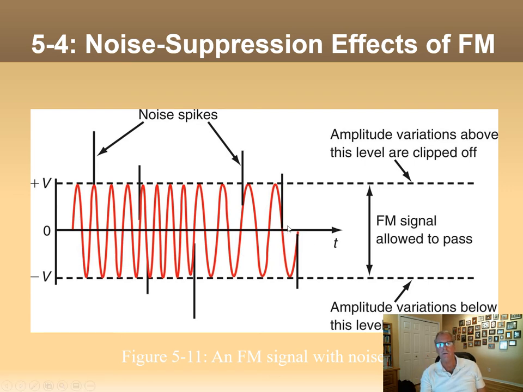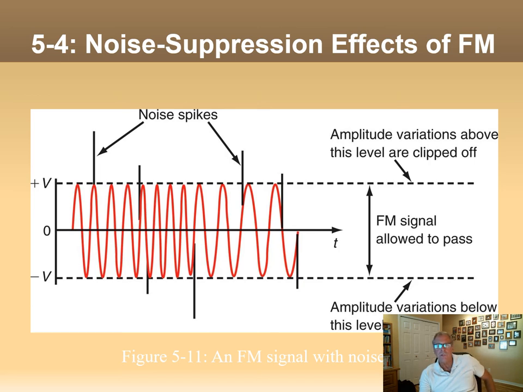Look at it right here. See this noise spike right here? If that noise spike happens right at the zero crossing, then it might cause the receiving device, the phase lock loop, to interpret that as a phase change. And what happens? It outputs a static, a brief transient static.